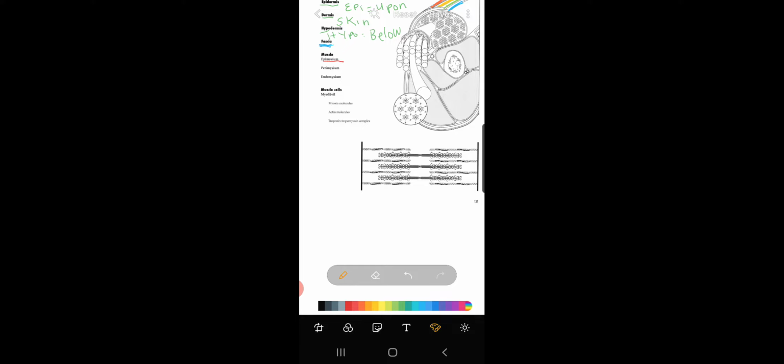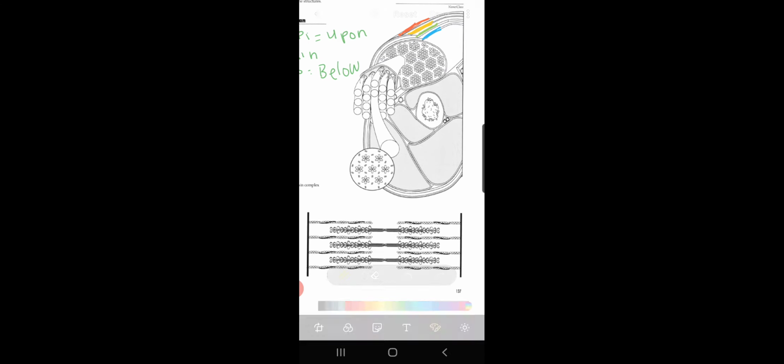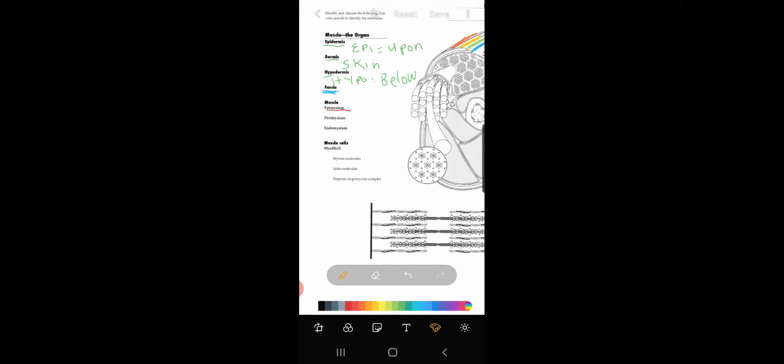That's going to be this next layer. Epimysium. It's just that outer layer of the muscle. It wraps the bundles of individual bellies.